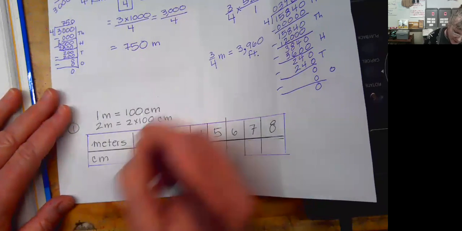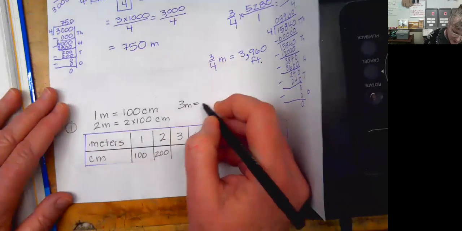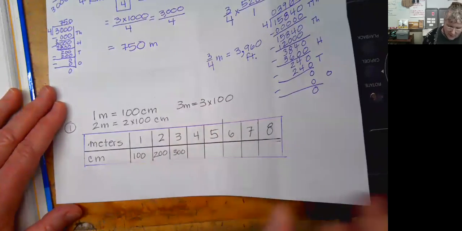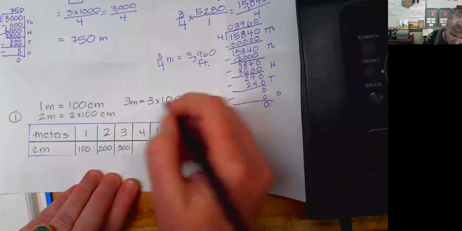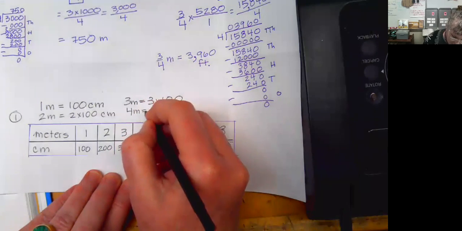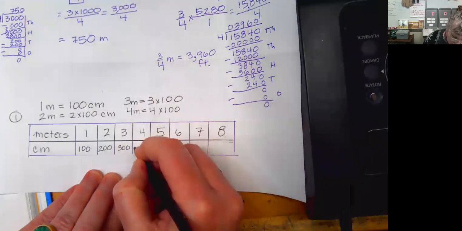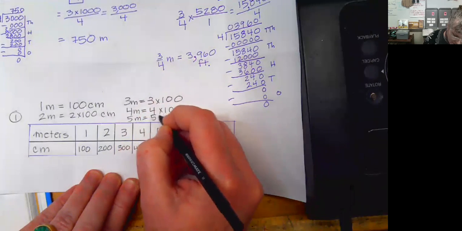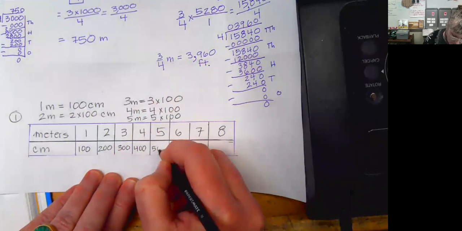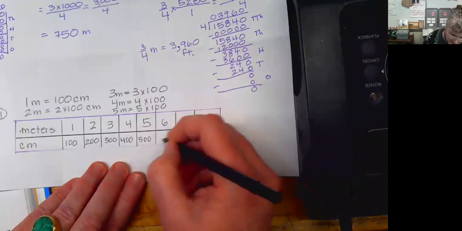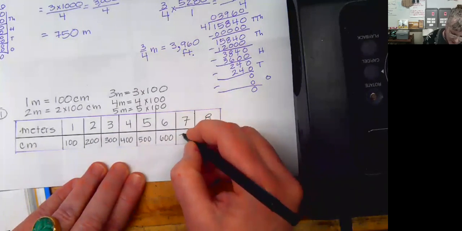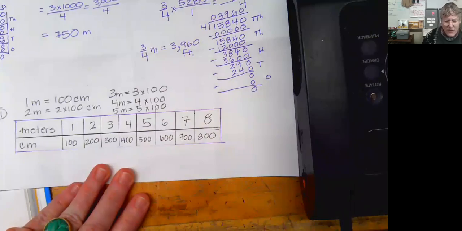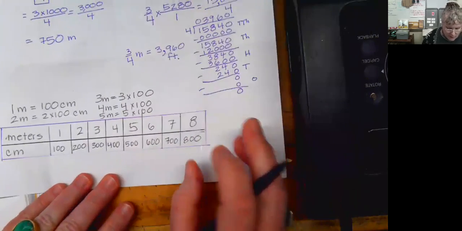If I have 3 meters equals 3 times 100, right? 300. 4 meters is 4 times 100. 5 meters is 5 times 100. 6 meters is 6 times 100. 7 meters is 7 times 100. And we even gave ourselves an extra one, 800. So that one was pretty easy, pretty straightforward.